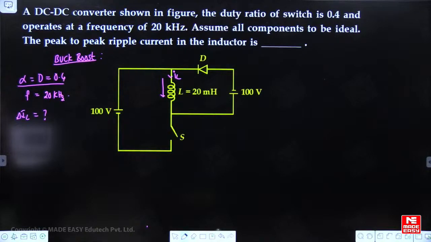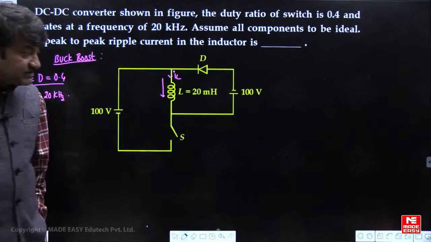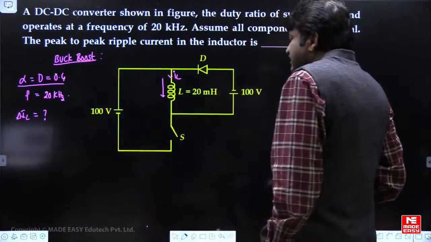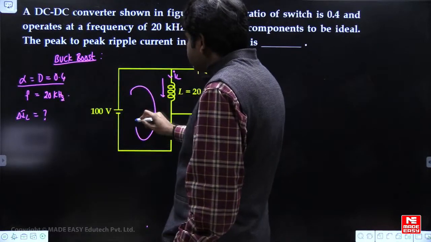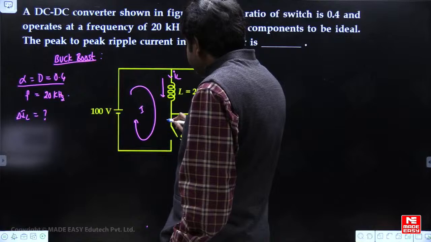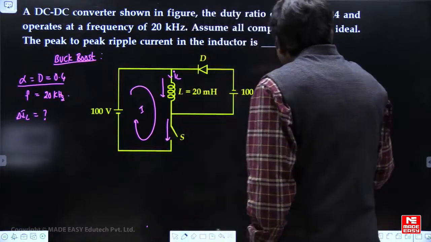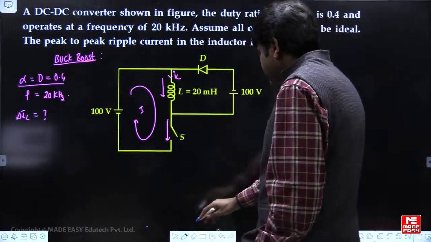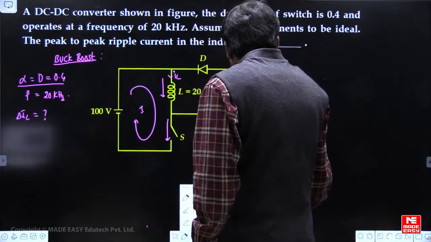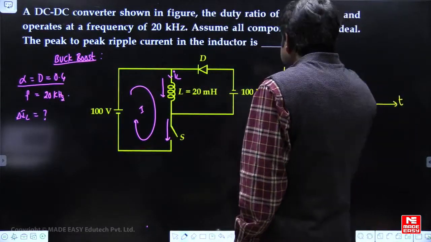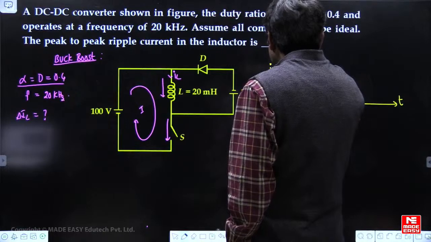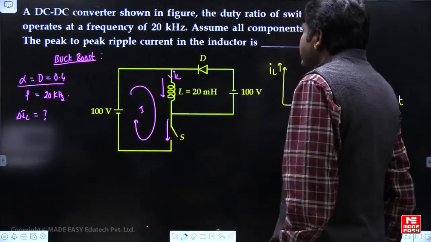Yes. Very good students. So just look at this converter here. In the first mode, when the switch is on, how will the inductive current increase?